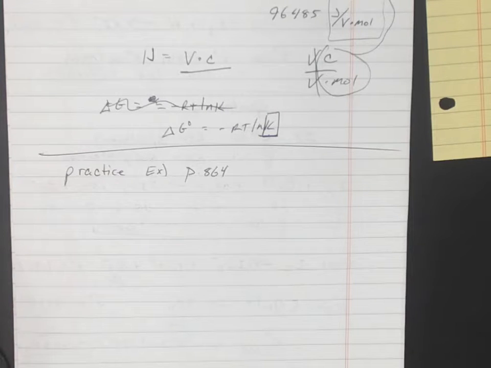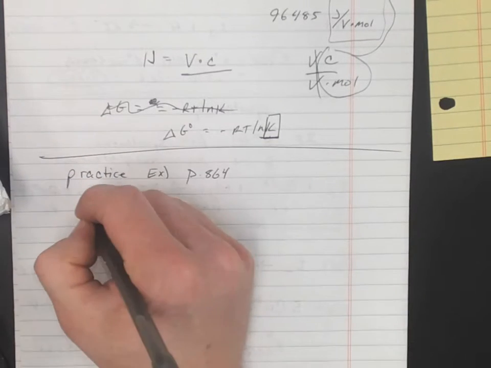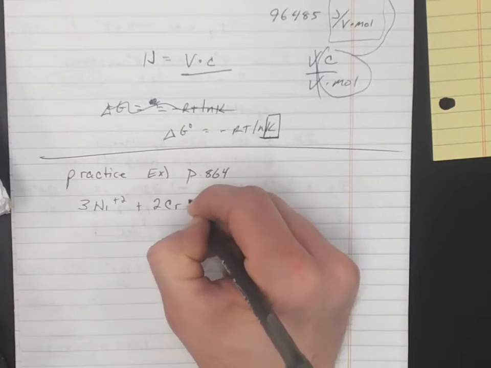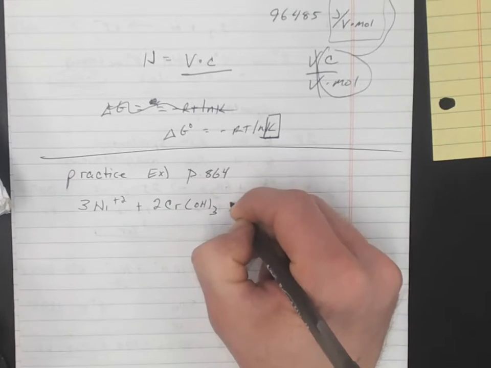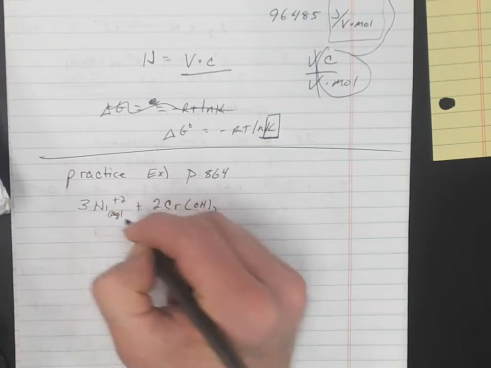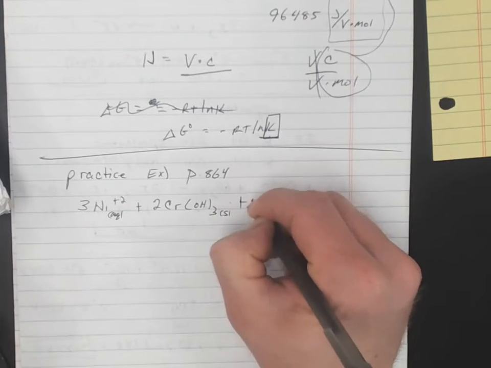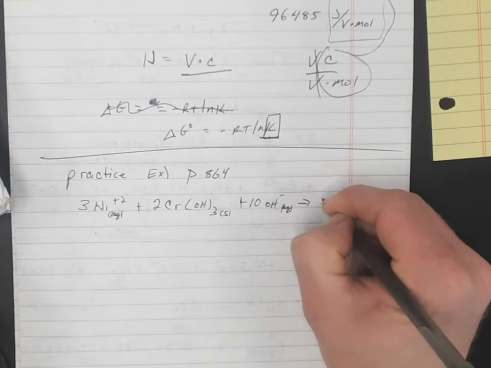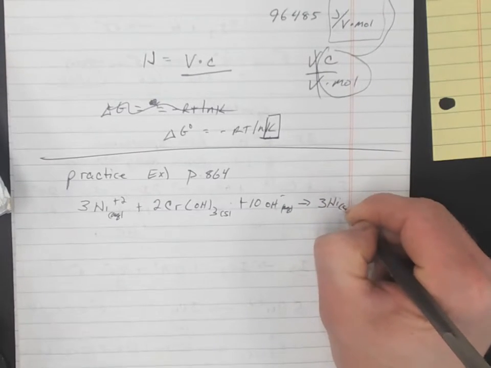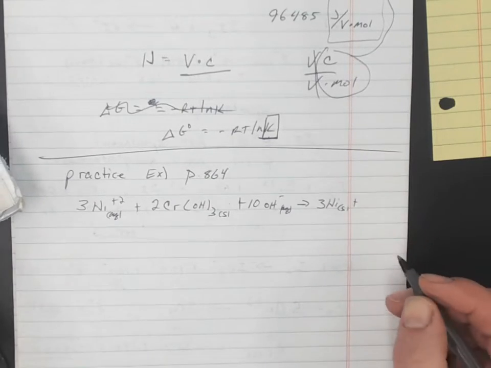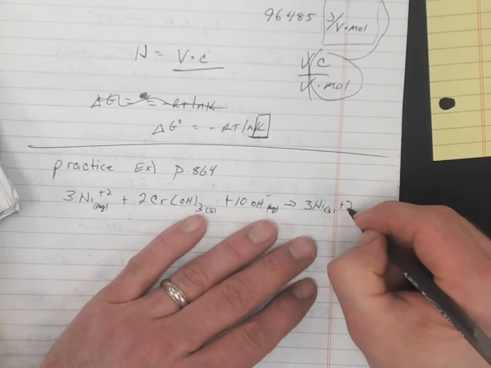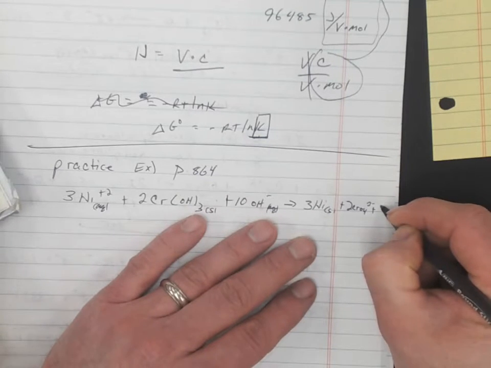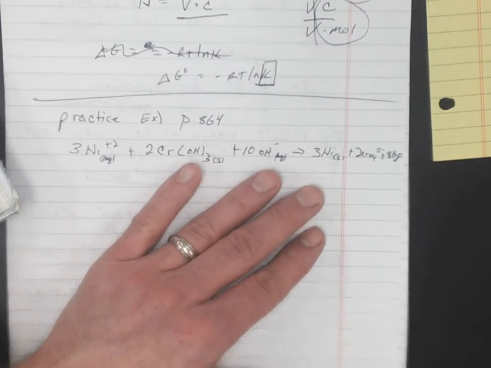For the following reaction, we've got 3 Ni²⁺ plus 2 Cr(OH)₃, solid, plus 10 OH⁻, yielding 3 Ni solid plus 2 CrO₄²⁻ plus 8 H₂O.